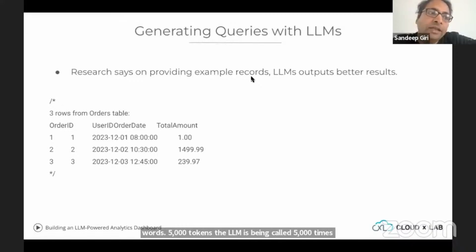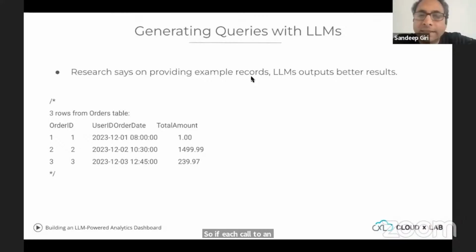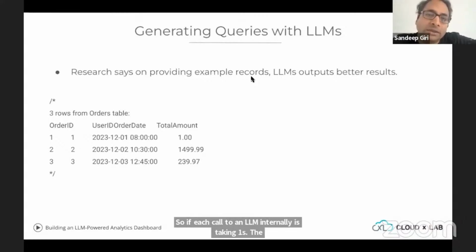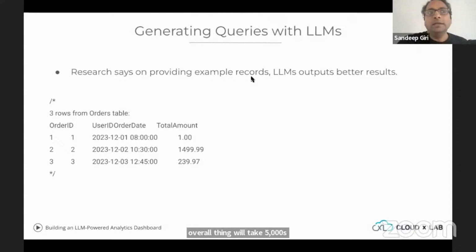So if each call takes 1 second, the overall thing will take 5,000 seconds. So there is no other way than managing the latency. Even OpenAI will not be able to drastically bring 5,000 seconds down to 5 seconds because of the nature of LLMs.